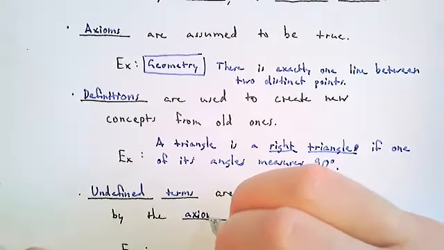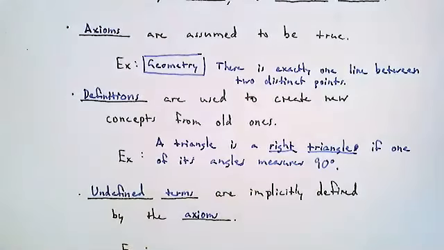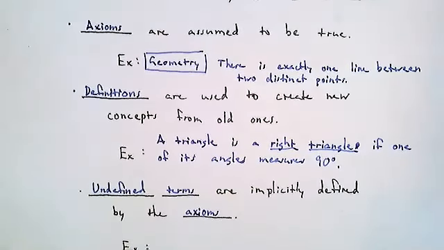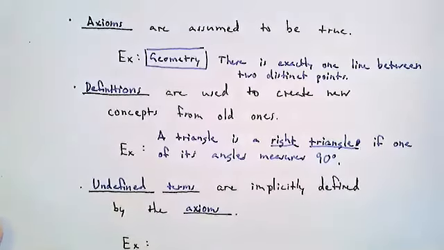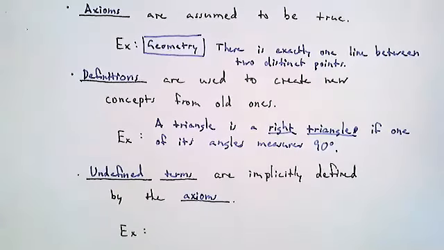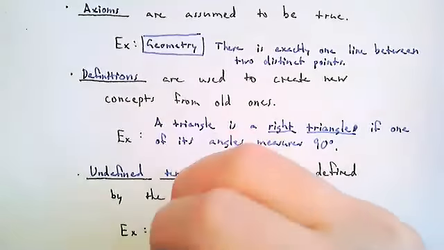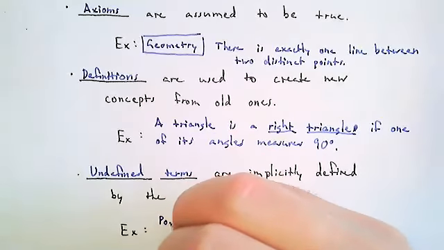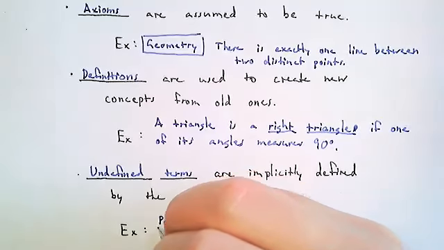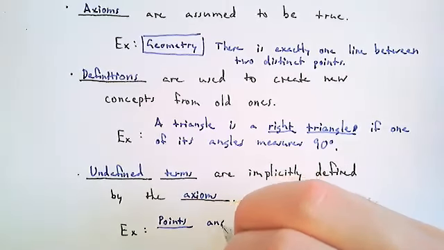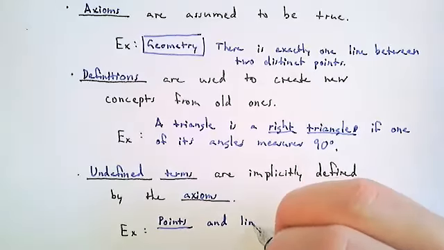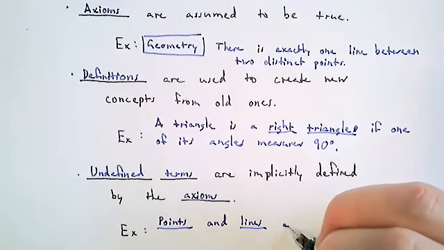So they're understood by context and not by definition. So continuing with geometry, we don't define what a point is or what a line is. So those are some examples from geometry, points and lines.